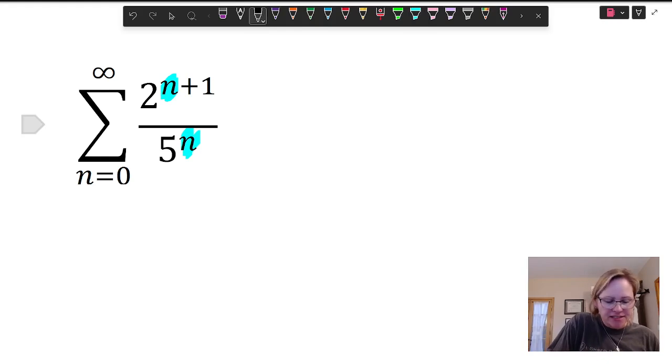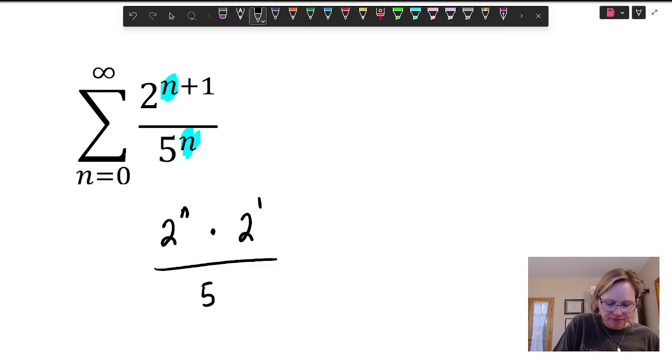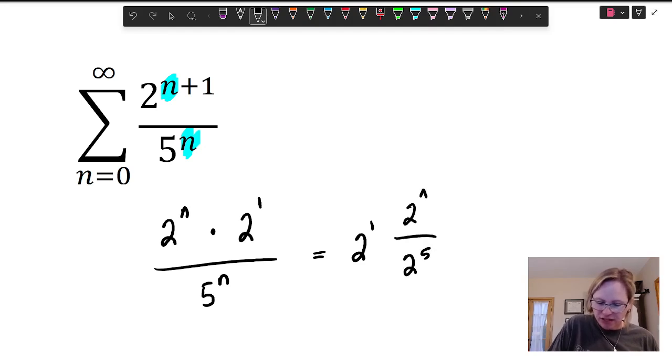But let's see if I can take this rule and rewrite it. See, 2 to the n plus 1, I can rewrite it like this, 2 to the n times 2 to the 1. And if I rewrite it like that, I can remove that 2 to the 1 power, put it on the outside, and then I have 2 to the n over 5 to the n.